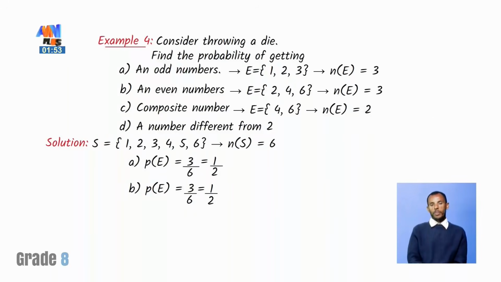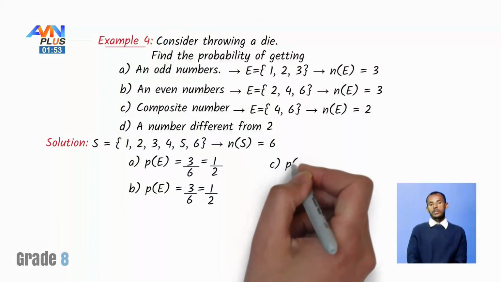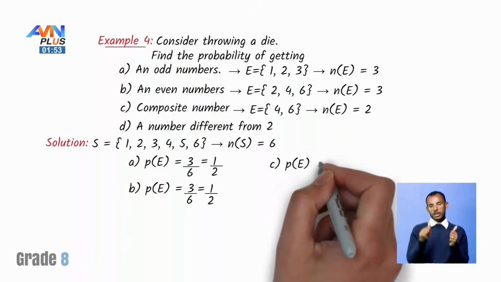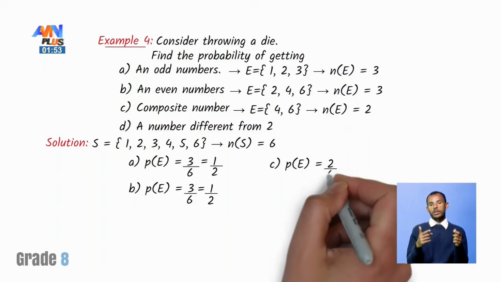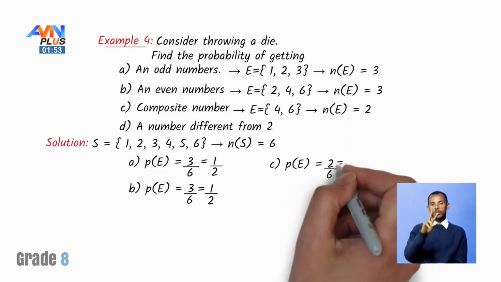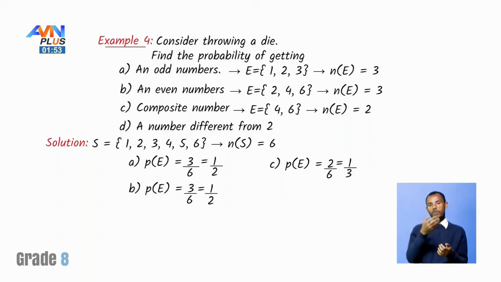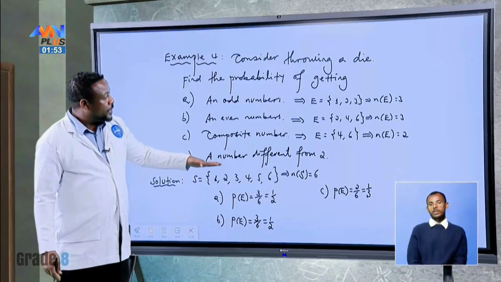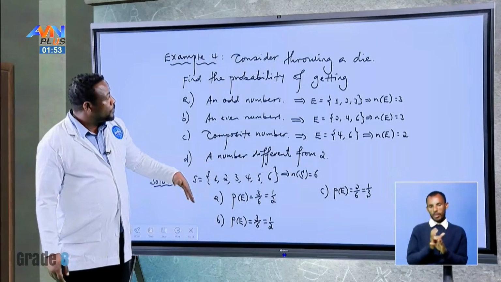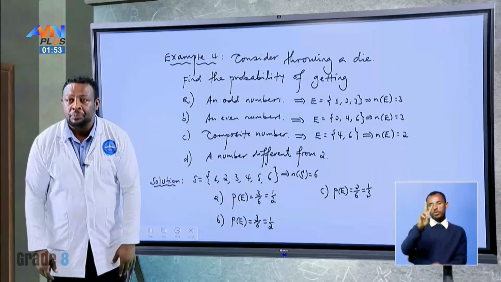So the probability of the event in statement C is 2 over 6. This can be simplified to 1 over 3. And the last one is calculating the probability of getting a number different from 2.